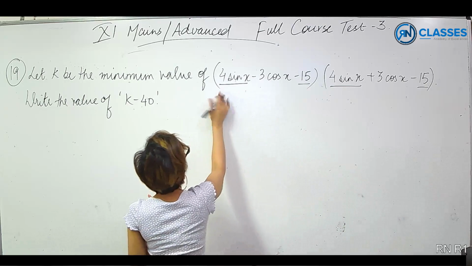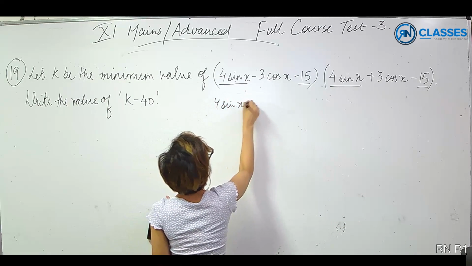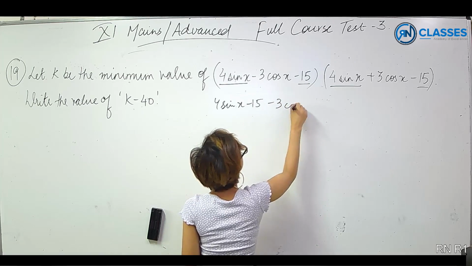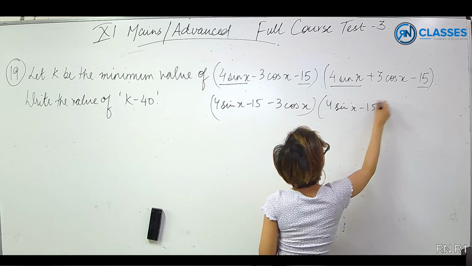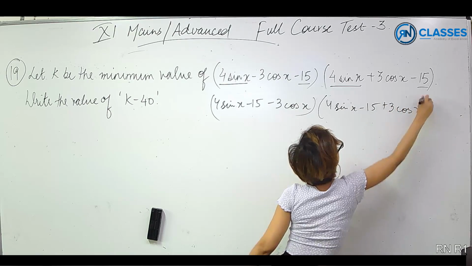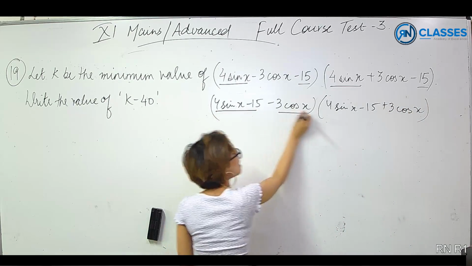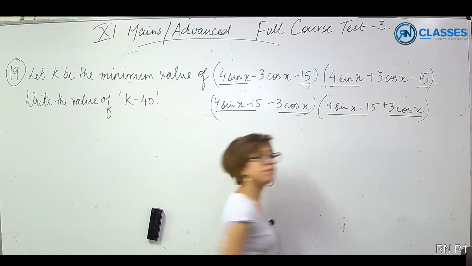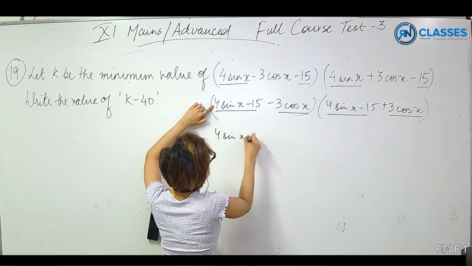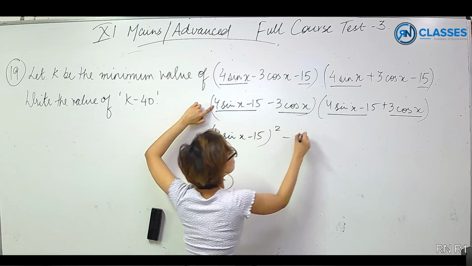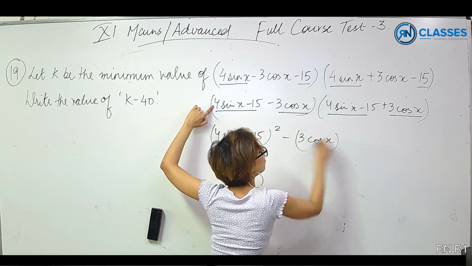Can I see if I rewrite this? This is (4 sin x minus 15 minus 3 cos x) and then (4 sin x minus 15 plus 3 cos x). Right? A minus B, A plus B, A square minus B square. So this is nothing but (4 sin x minus 15) whole square minus (3 cos x) whole square.